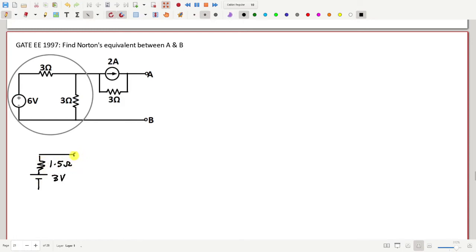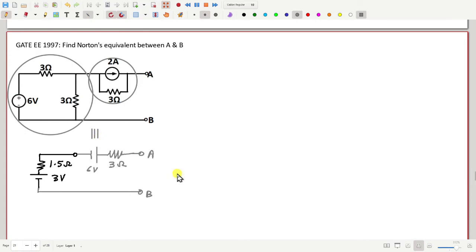Yeah, and then this source you consider. So this is equivalent to how much? 3 into 2, 6 volt and 3 ohm. This is A, this is B. So now we are done.